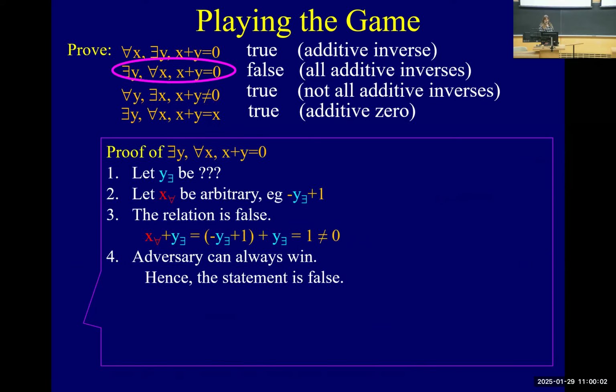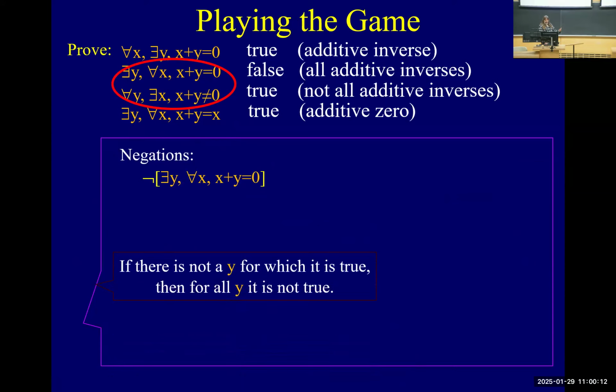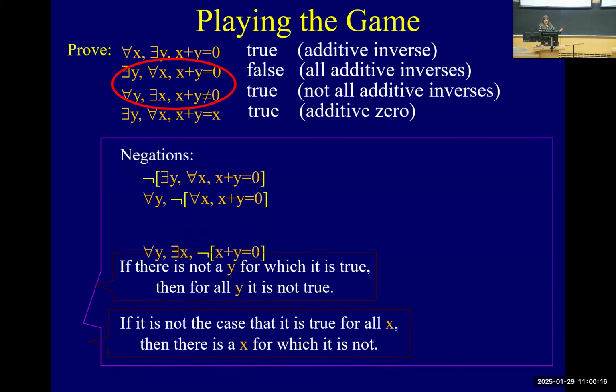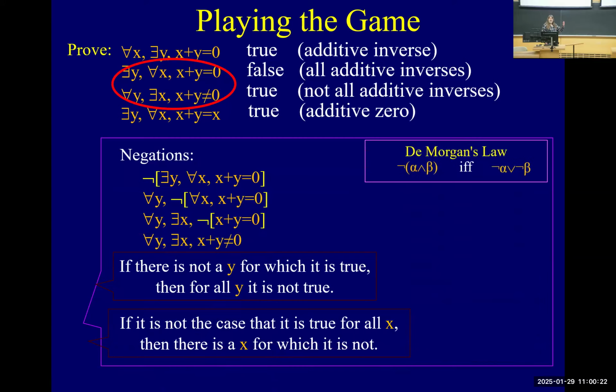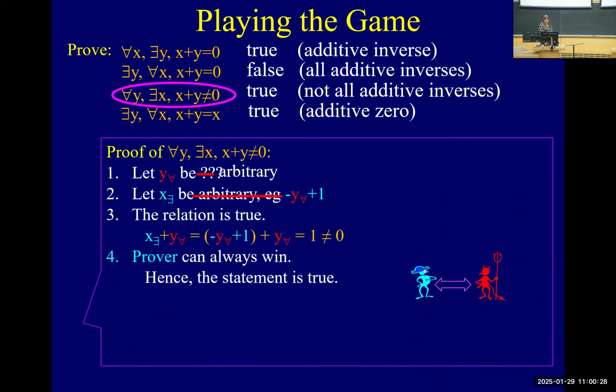All right, so where are we? If we take the negation, oh, here, there's the negation already, right? You take the negation, and we keep doing it. That's the negation, right? Everybody got that? And so one way to prove that something is false is to prove the negation, right?